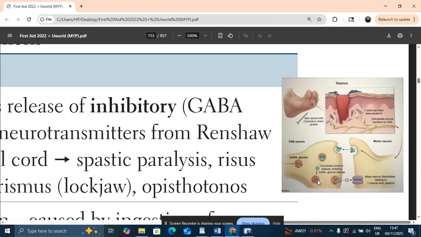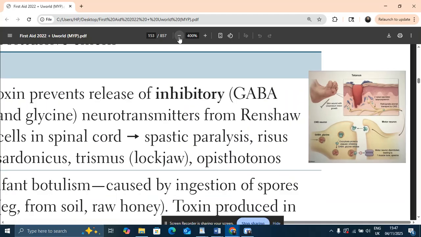When glycine and GABA are not released, the motor neuron is not inhibited, and when the motor neuron is not inhibited, muscle contracts aggressively. There is no inhibition of muscle contraction, so there will be excessive muscle contraction that increases muscle tone and leads to muscle spasm.